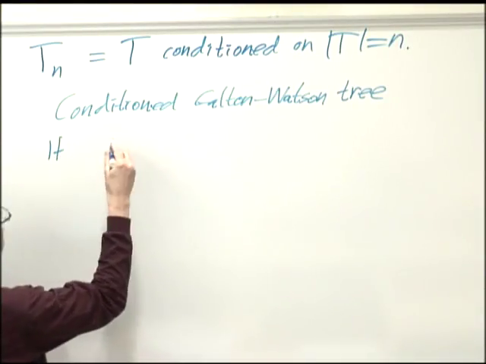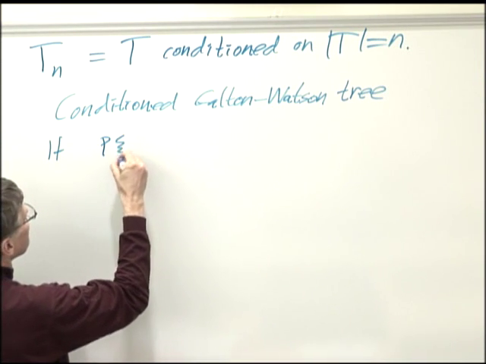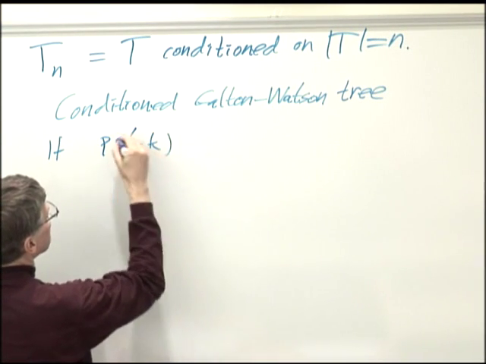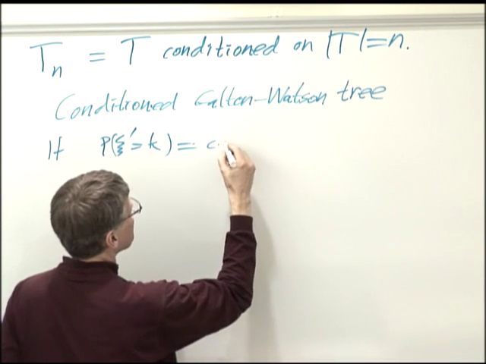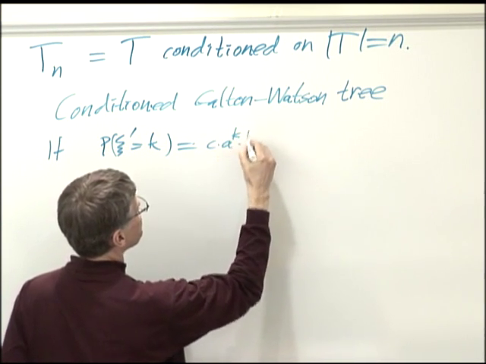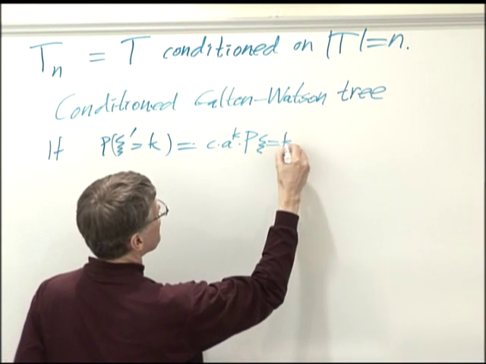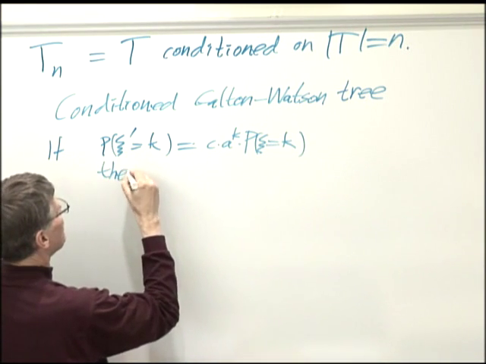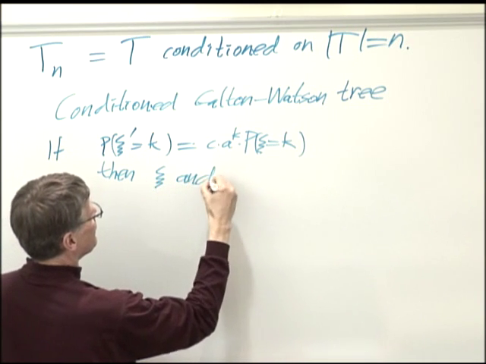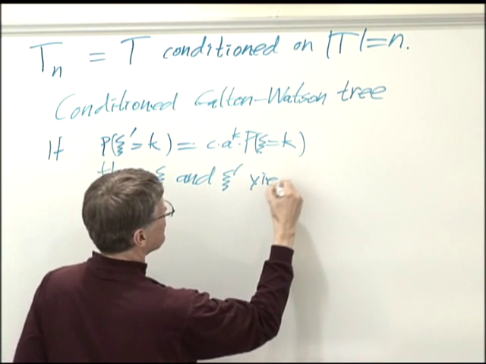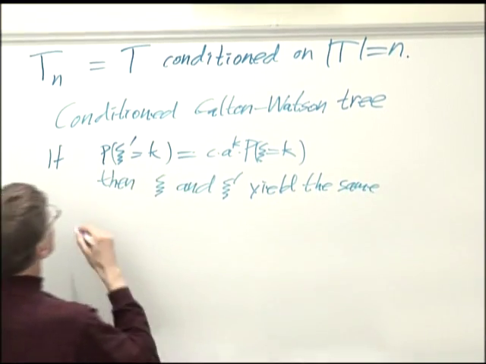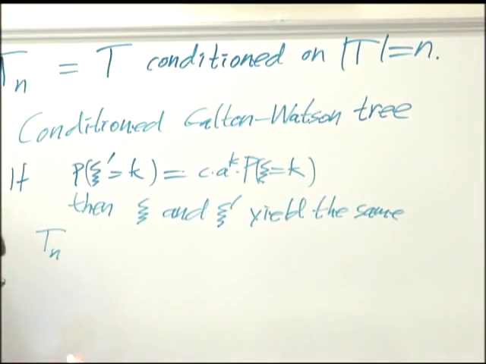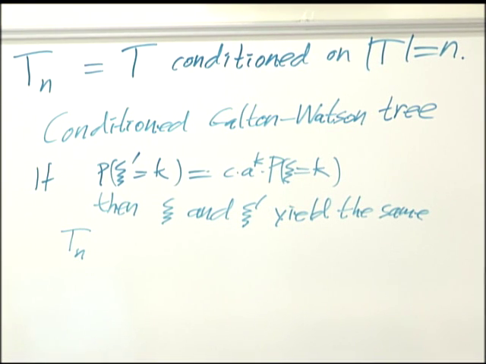If, say, the probability that xi prime equals k is some normalizing constant times some other constant a to the k times the probability that xi equals k, then xi and xi prime yield the same conditioned tree Tn, I mean the same distribution. A simple calculation.